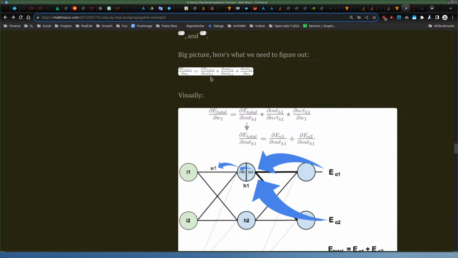So net is the input of the... Okay, this is now H1, not O1. This is O1, this is H1. So we go on back, and then again net is the input and out is the output of that neuron, in this case in the hidden layer. For the rest it's the same thing.